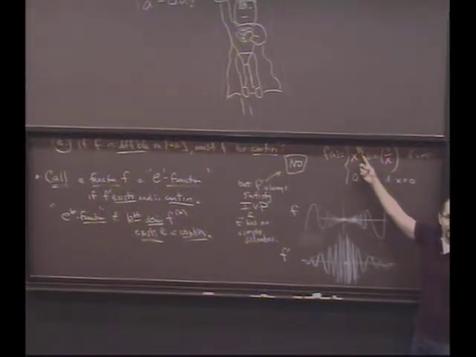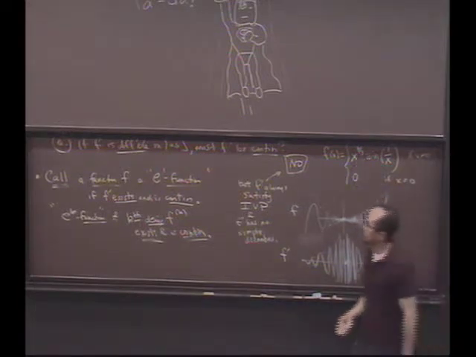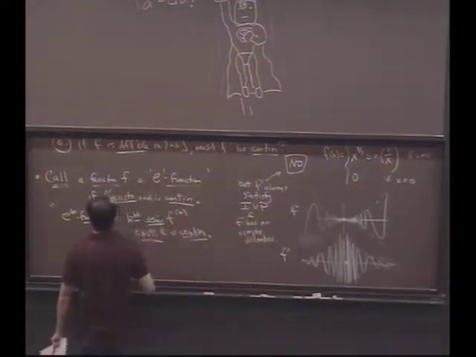Vary the exponent here. Between 1 and 2, you'll get functions that are C0 but not C1. And if this is between 2 and 3, you'll get functions that are C1 but not C2, etc. So you can construct whole classes of these things.